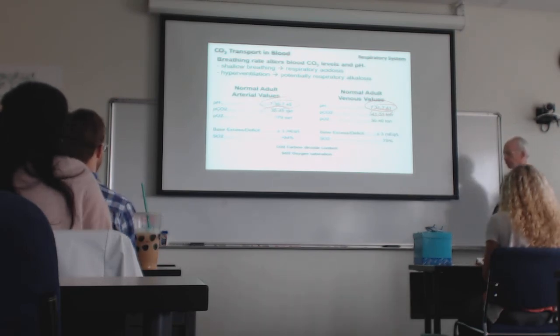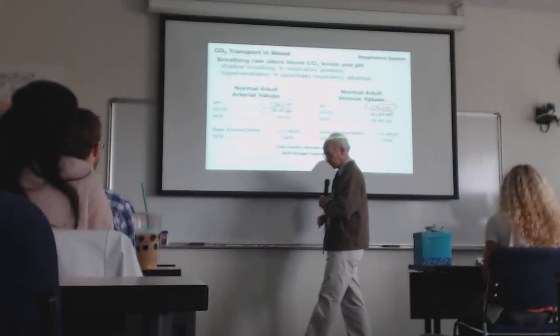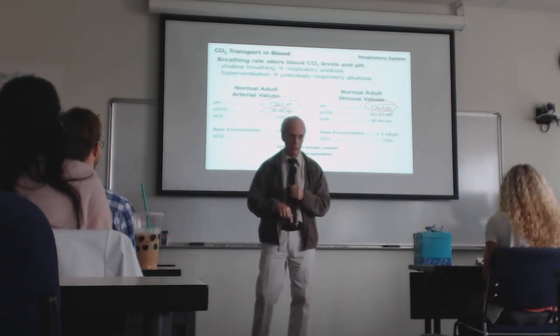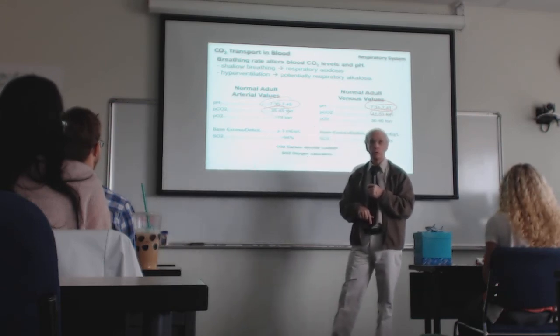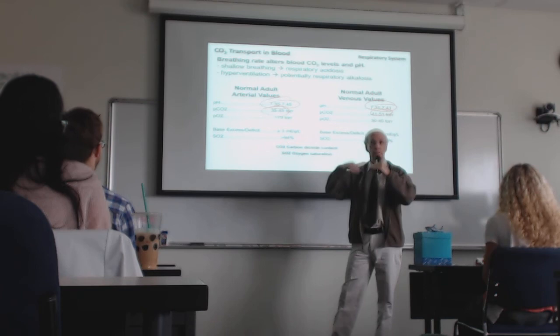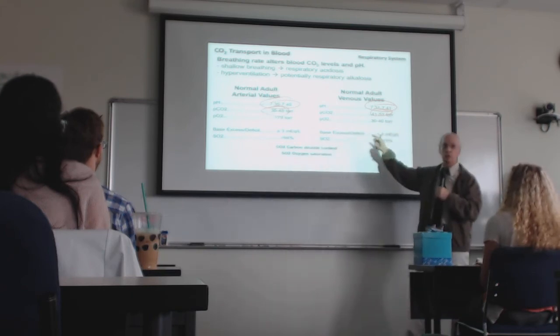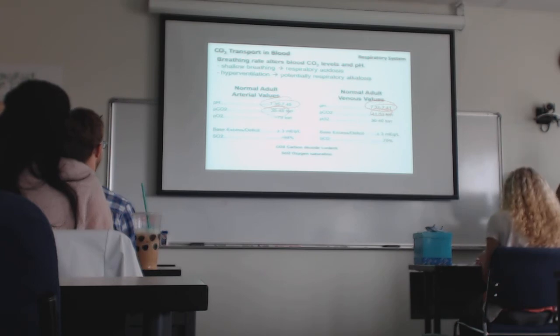Do you remember that if on a quiz I were to ask you which is greater, the oxygen diffusion gradient in the blood or the CO2 diffusion gradient, in which does the partial pressure change more dramatically? Oxygen or CO2? Oxygen. So remember that there's not a dramatic change in CO2 levels in the blood on the arterial side versus the venous side, but sufficient to cause a change in pH.